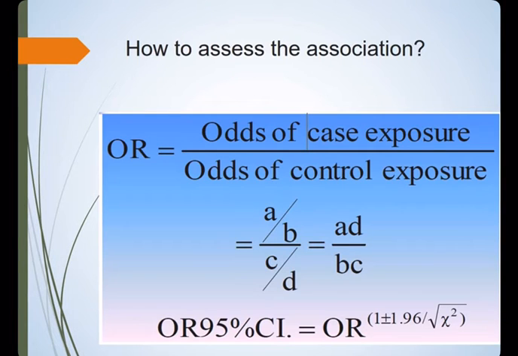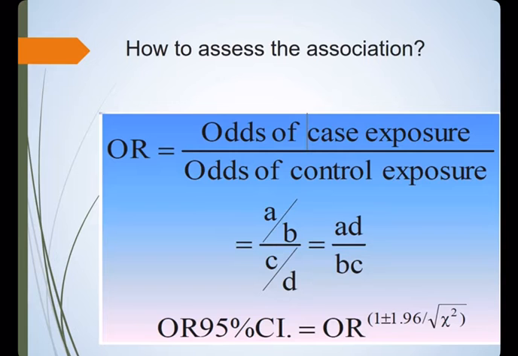And this slide shows how the odds ratio was calculated. So we can see that the odds ratio is the odds of case exposures divided by the odds of control exposures. And according to the table that we have seen in the last two slides, it equals AD divided by BC.